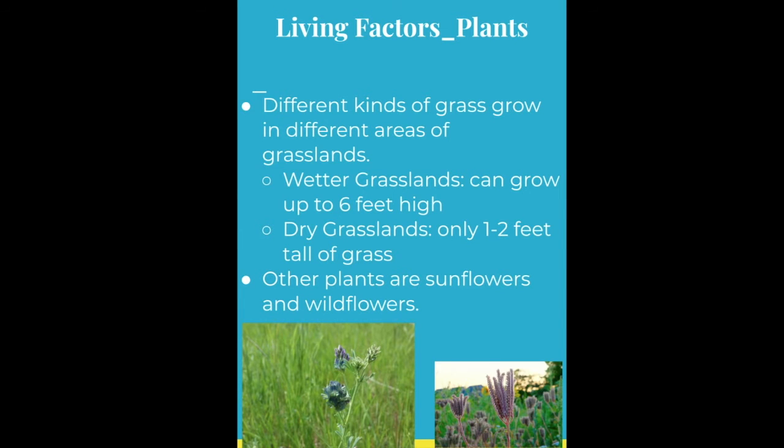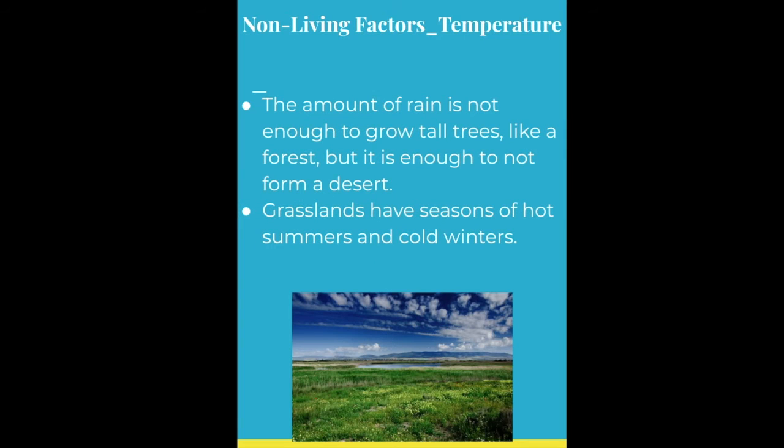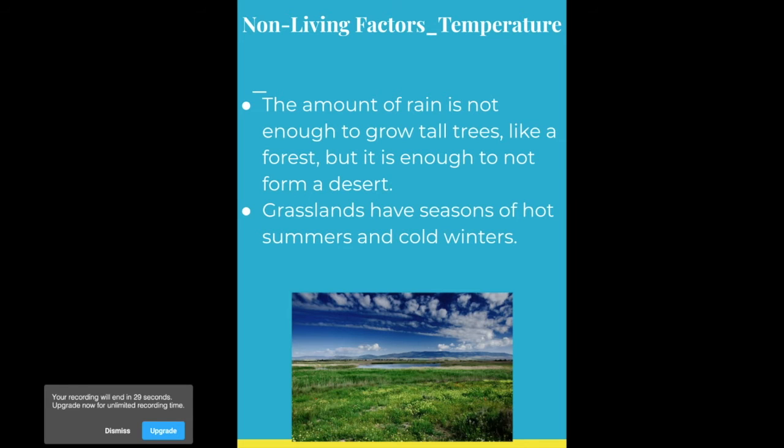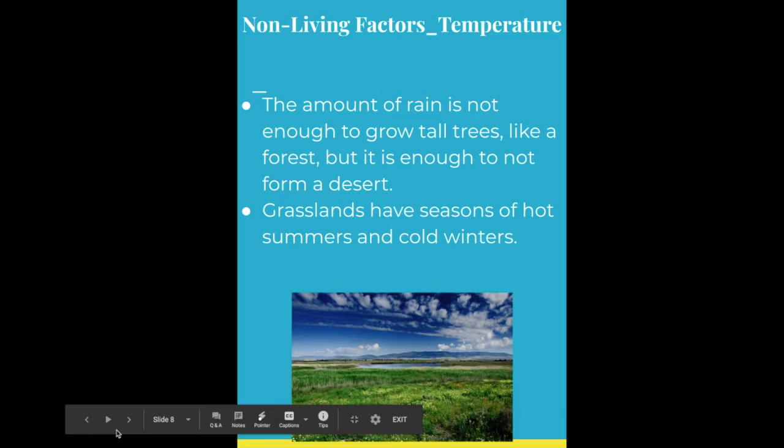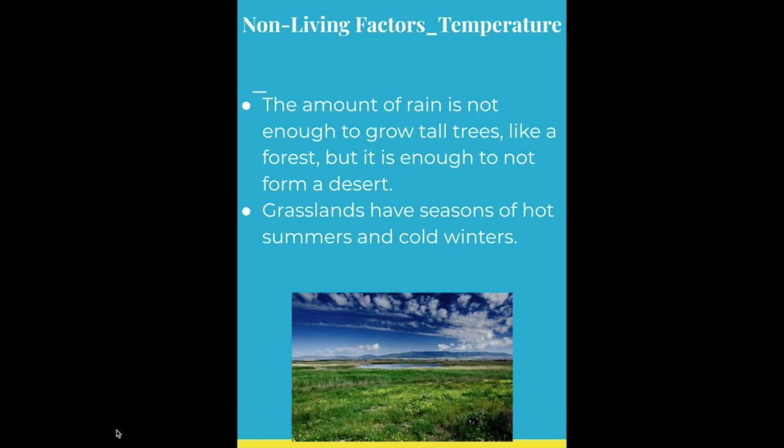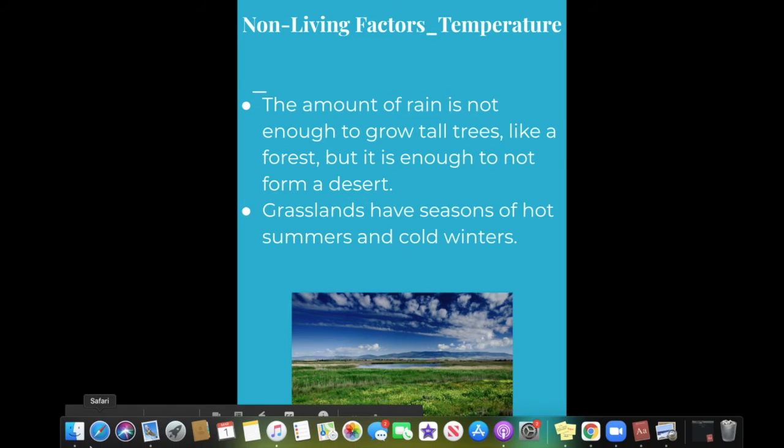Now let's take a look at the non-living factors that make up the environment of a grassland. We're going to start looking at the temperature. I mentioned before, a grassland is in the middle of a forest and a desert. In a grassland, there is not enough water for it to grow into tall trees like a forest.